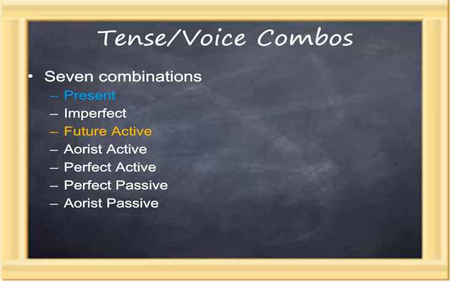From those 5 tenses, there are 7 combinations that we will learn this semester and next: the present, the imperfect, the future active, the aorist active, the perfect passive, and the aorist passive. Again, you've learned the present. You're going to learn this lesson the future active.